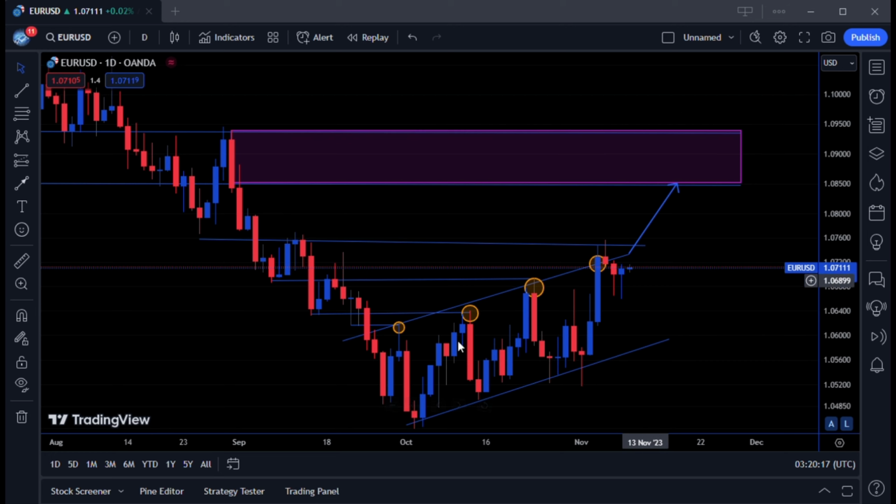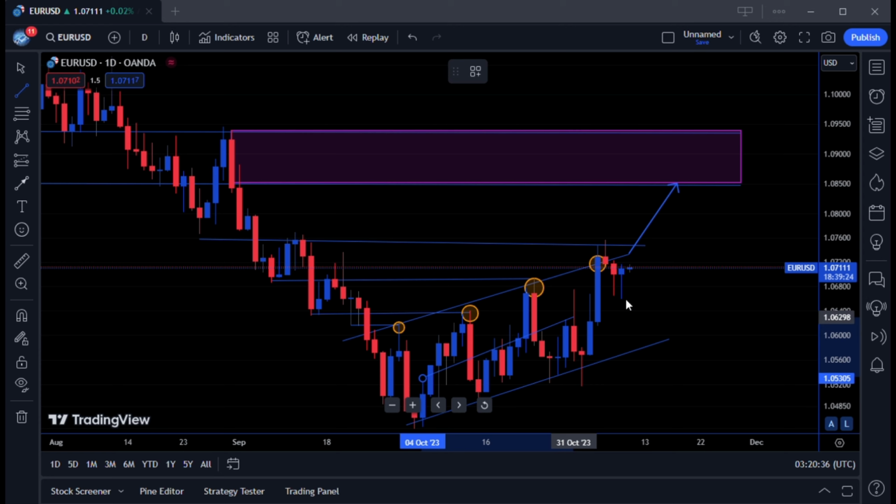Do you notice, at this level, there is also a support? Let's insert a trend line. Always take your time when you draw support lines.